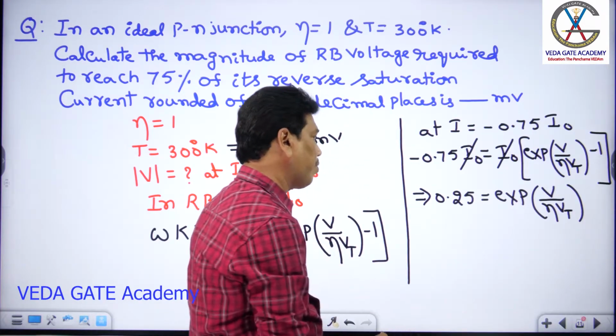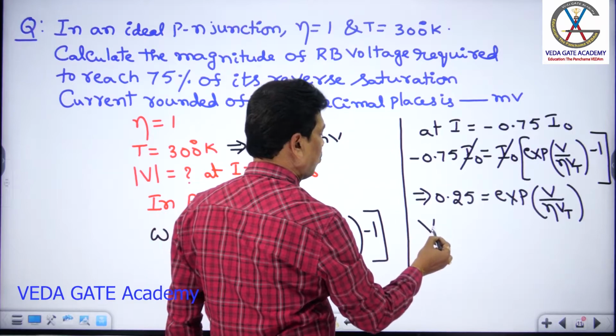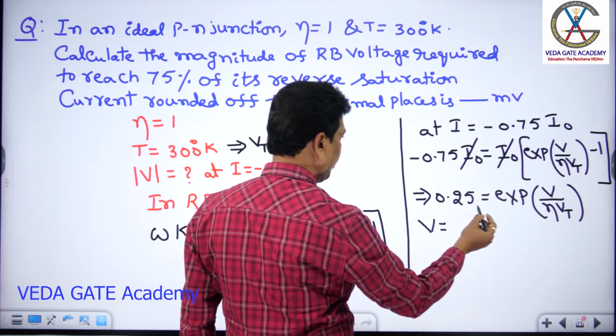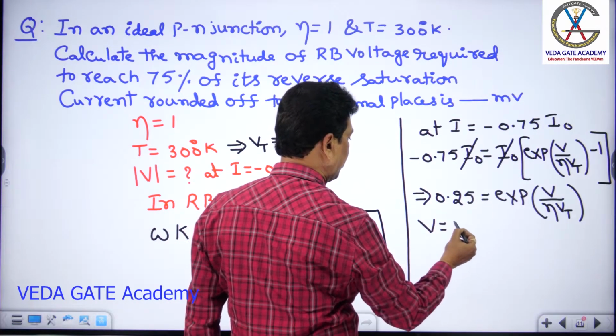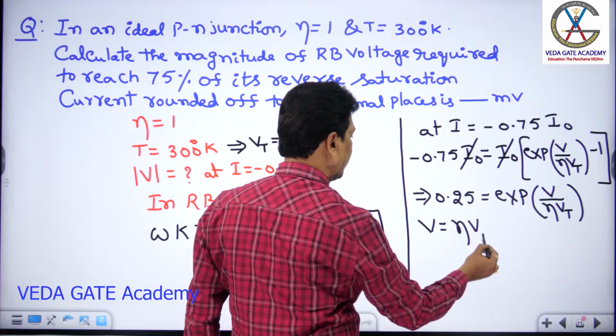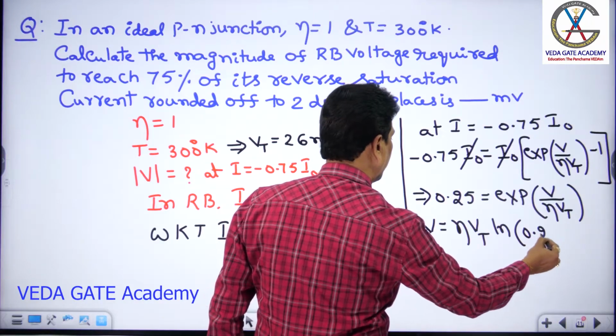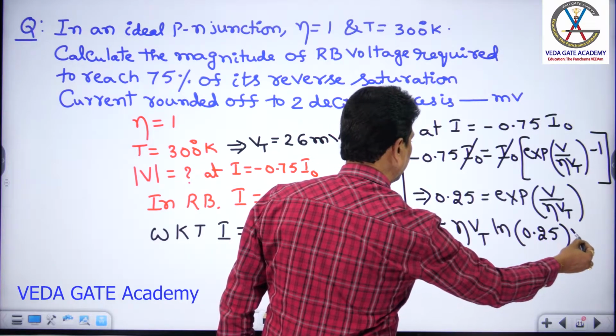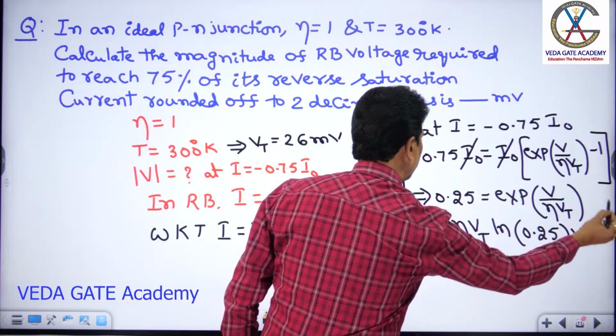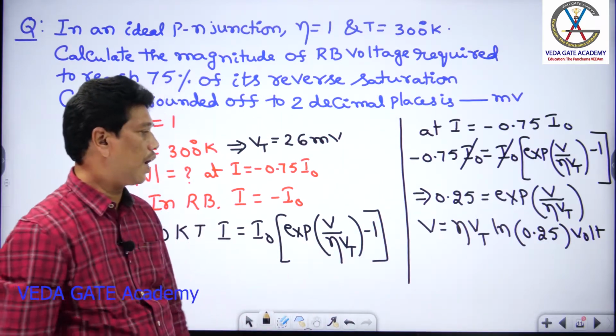Now I need that V value. V equals, removing the exponential it becomes ln, eta Vt ln of 0.25 volt. Okay, V equals eta Vt ln of 0.25 volt.